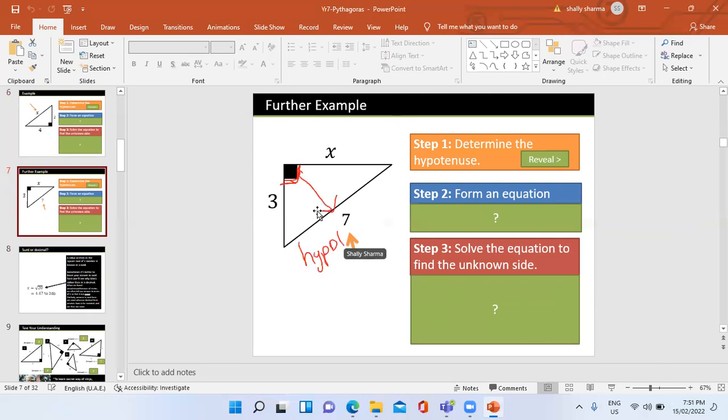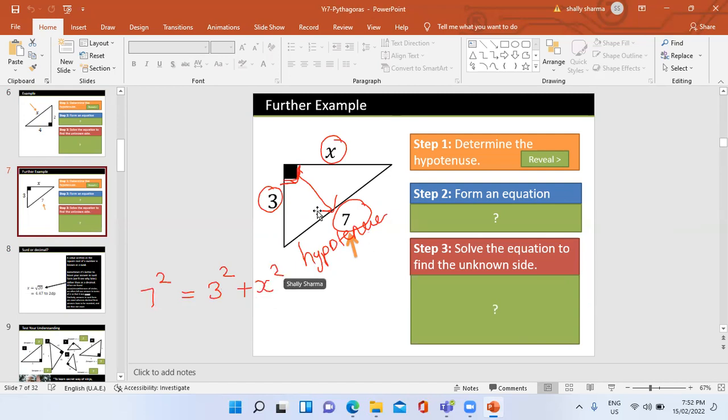So this is the hypotenuse. Now the missing length is not the hypotenuse, it is another side. But we will apply the same rule that hypotenuse square, so 7 square, is equal to the sum of the square of two other sides. So it is 3 squared plus x squared.